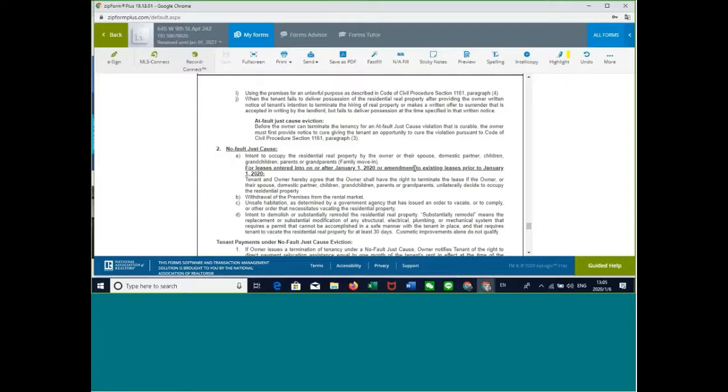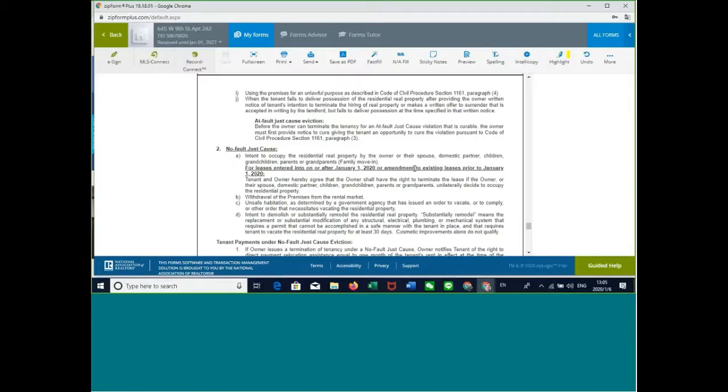It says here, for leases entered into or after January 1st, 2020, or amendments to existing leases prior to January 1st, 2020, owner and tenant hereby agree that owner shall have the right to terminate the lease if owner or their spouse, domestic partner, children, grandchildren, parents, or grandparents unilaterally decide to occupy the residential property.